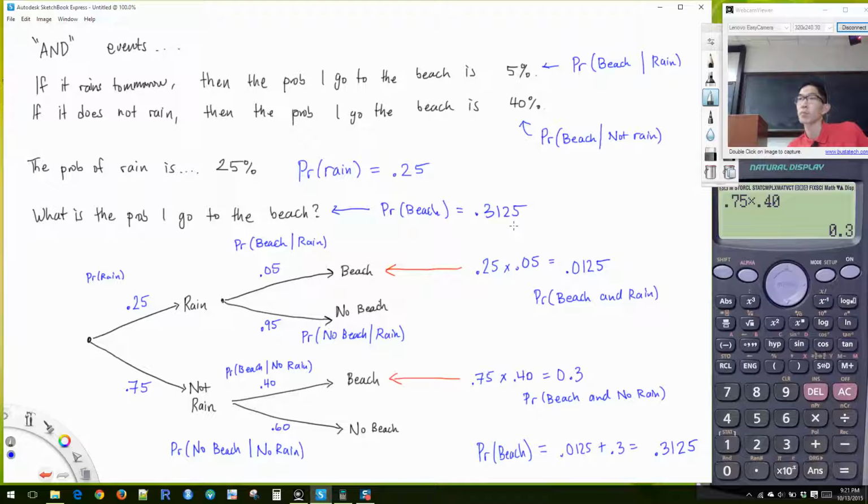Question: you said earlier that the probability had to be somewhere between 0 and 1. What would happen if you had 2.6 for something? It's not possible if you create this tree properly.